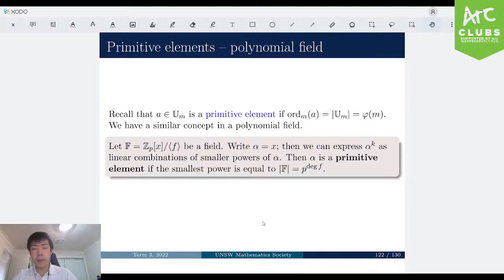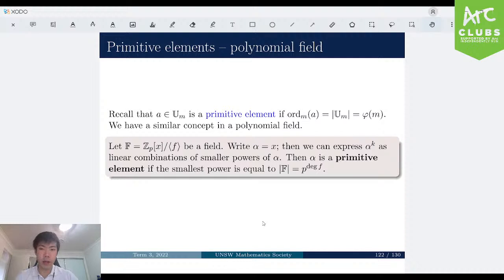All right. Primitive element in a polynomial setting. Okay. Very similar to what we defined earlier. Again, you want to have an order that's exactly equal to the size of your set. So, in other words, a primitive element in the polynomial setting is exactly the same thing, right?